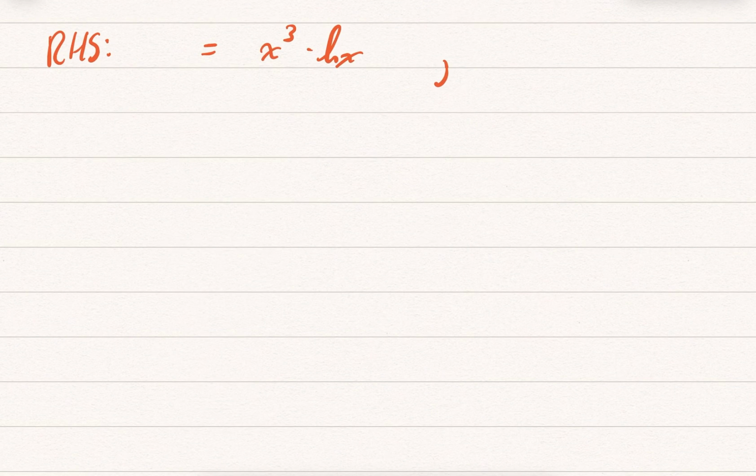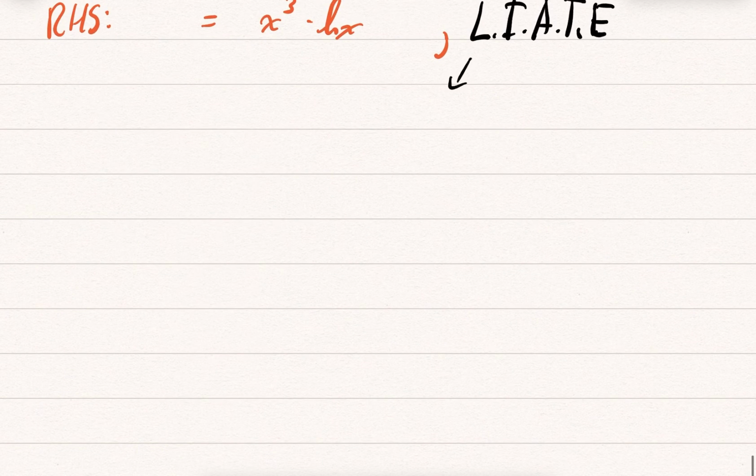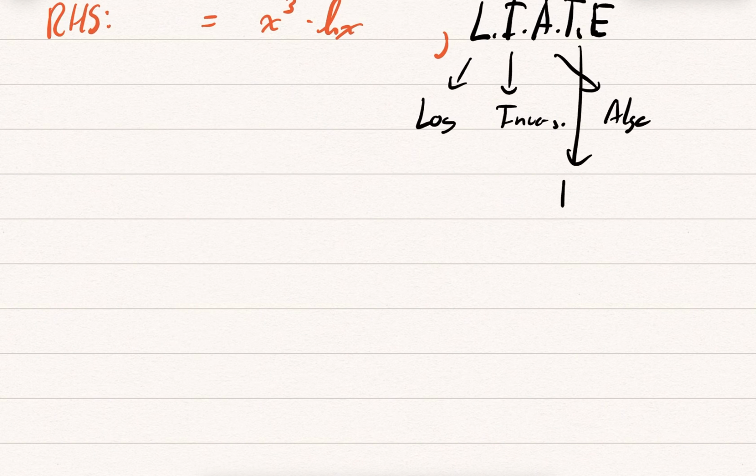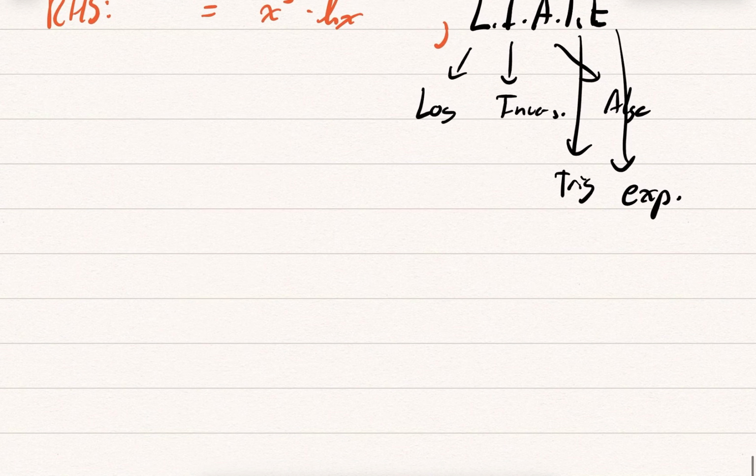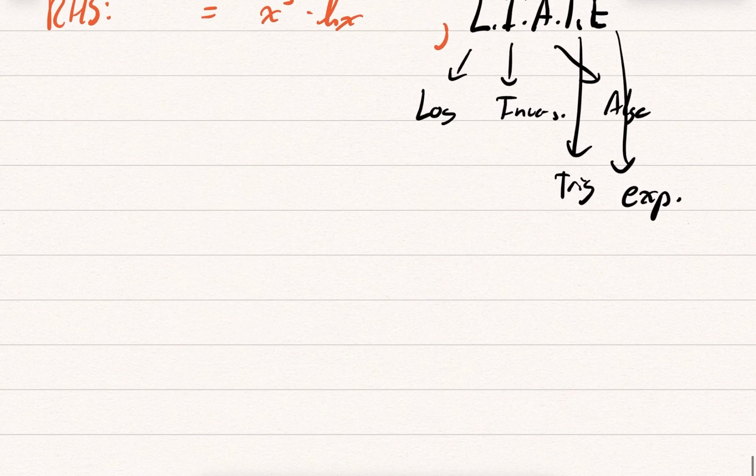Remember this very, very cool word. LIATE. Logarithmic. Inverse. Algebraic. Trig. Exponential. Cool? So, this is the order, the priority.